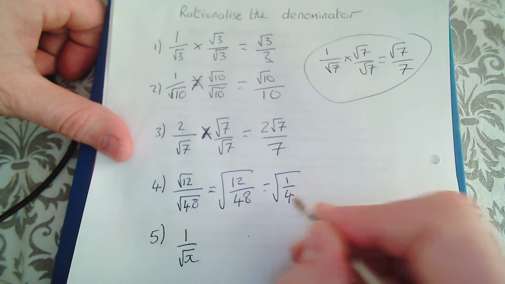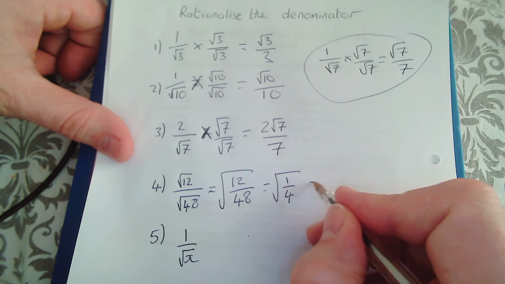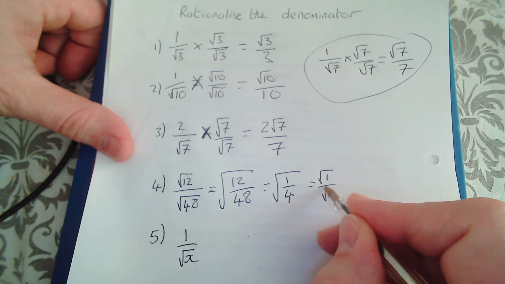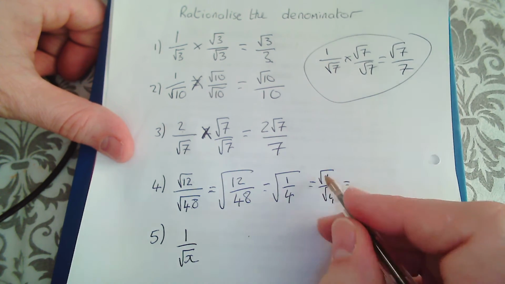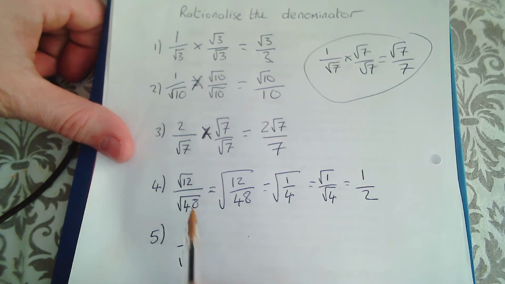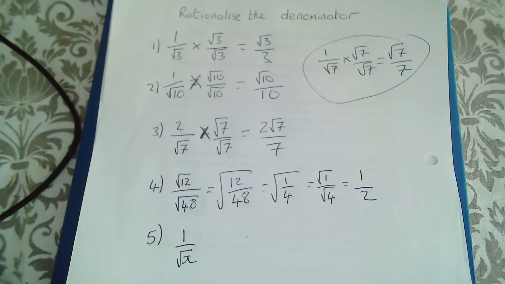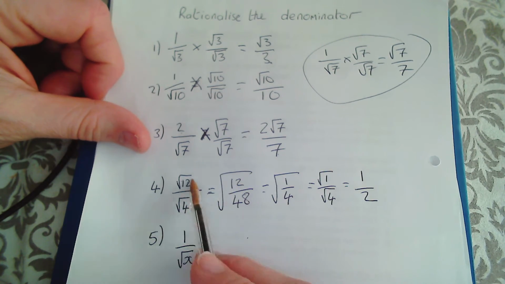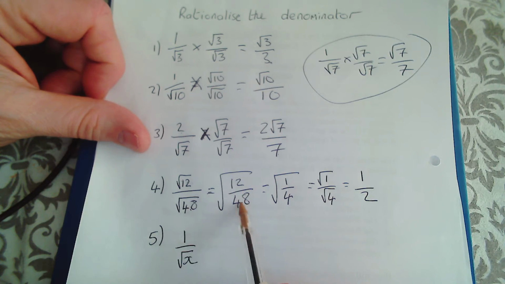And you know that's a quarter, don't you? Well, that can then split it up into a surd at the top and a surd at the bottom. Well, root 1, we all know, don't we, is 1, and root 4 is 2. So this is actually a half. And you sometimes get ones like that, where you can turn this into a simplified fraction by doing your division.